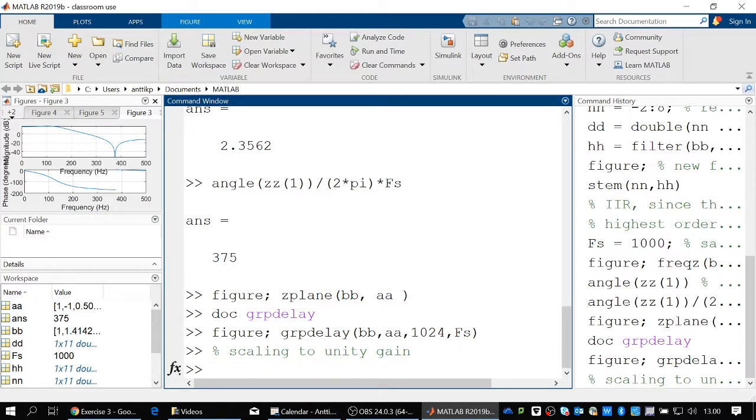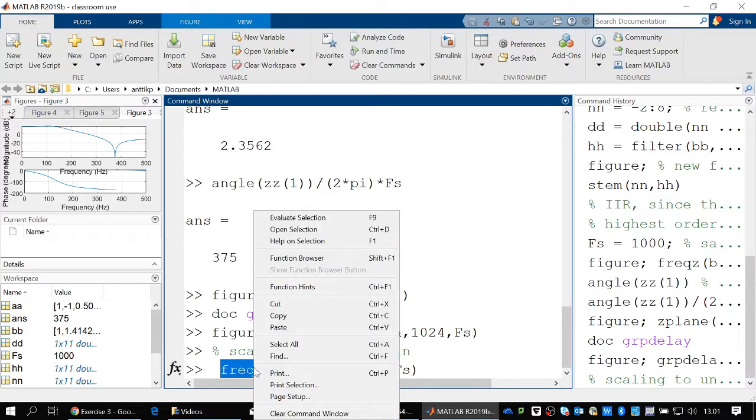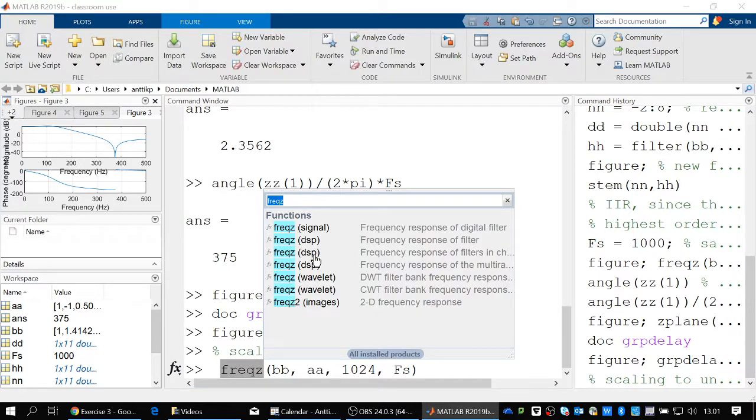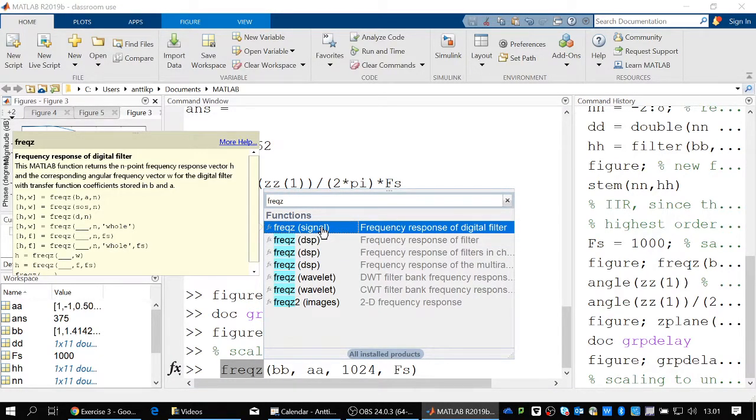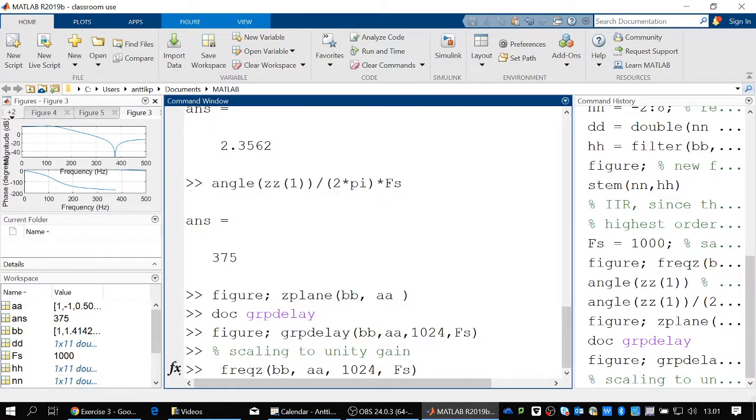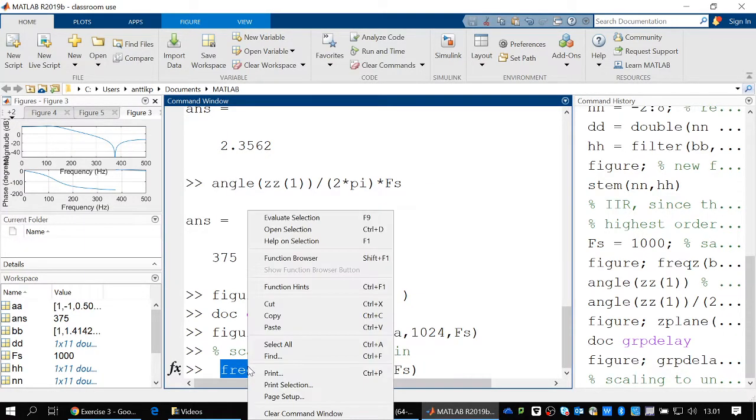And that is easily done since I just, let's see, I have the frequency response. No, okay. Bigger frequency response. The frequency response function is returning values if I let it return.